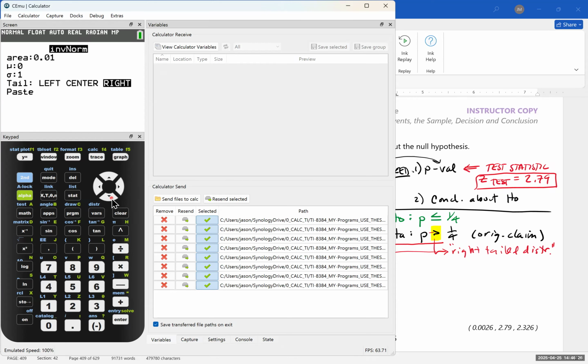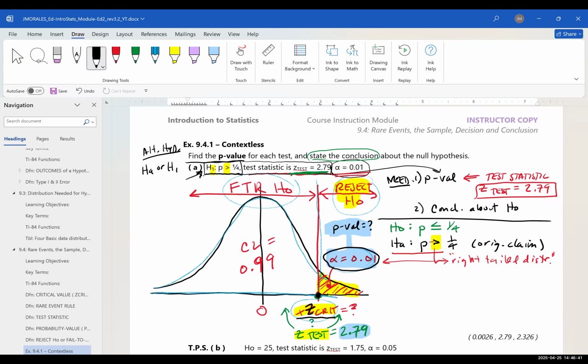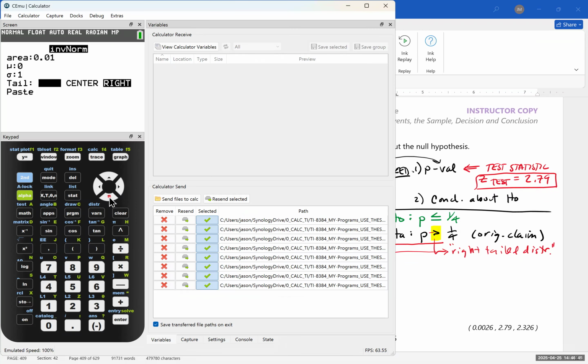When we're dealing with z-scores, the mean will always be 0, because the center of the distribution, when we've got a z-scale, is the mean, and the mean always is 0 on a z-scale, and a standard deviation of 1. And we want a right tail. So I'll hit paste and enter, and we get 2.326.